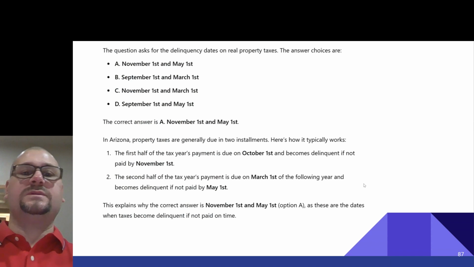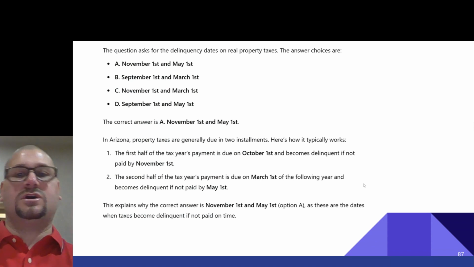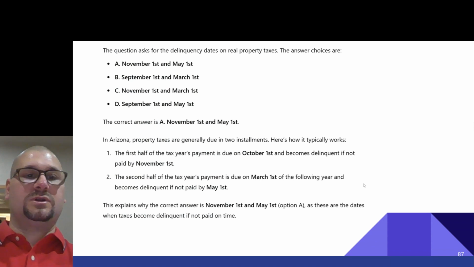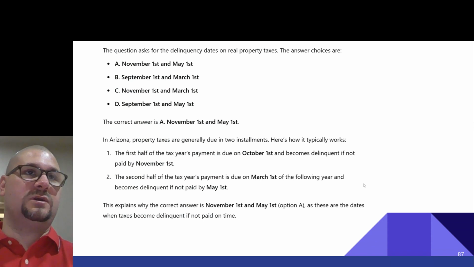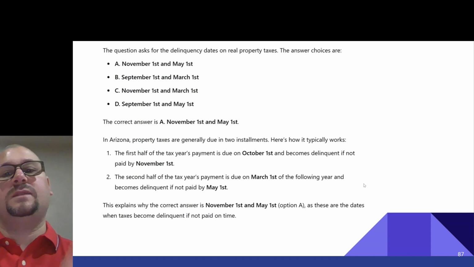So in Arizona, property taxes are generally paid in 2 installments. Here's how it typically works. The first half of the tax year's payment is due on October 1st, and it becomes delinquent if not paid by November 1st.